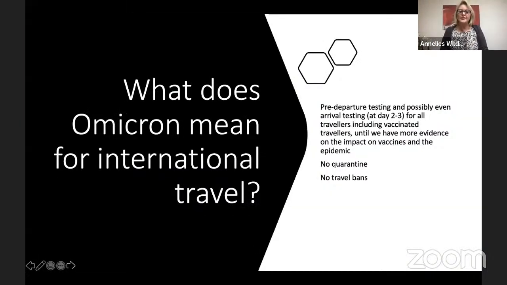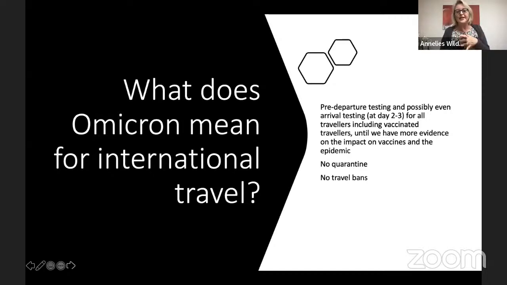So in summary, what does Omicron mean for international travel? I do think that quarantine is disproportionate, and clearly no travel bans. But in light of the potential setback that this variant could cause in terms of vaccine effectiveness, I do think that pre-departure testing and possibly even post-arrival testing at day 2 to 3 for all travelers, including vaccinated travelers, may be warranted.